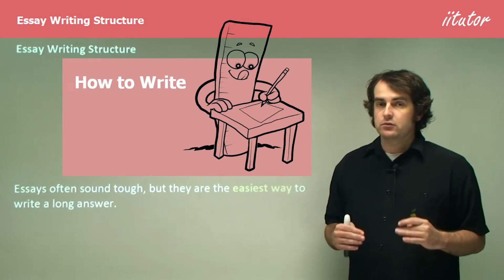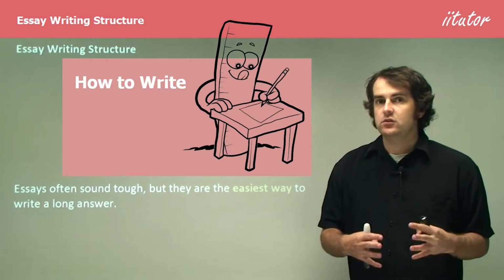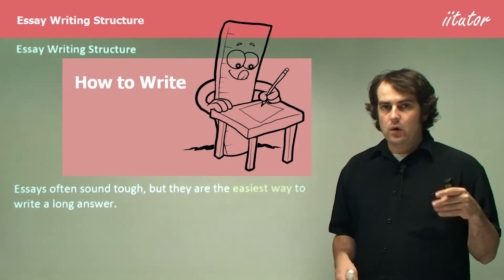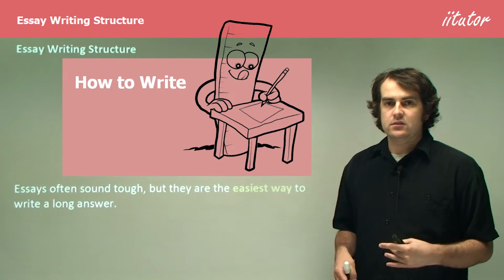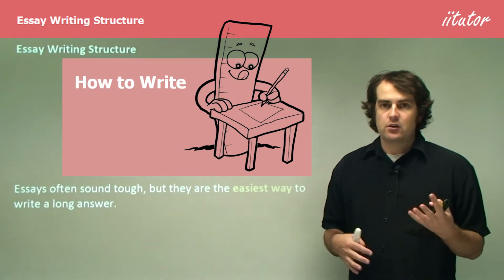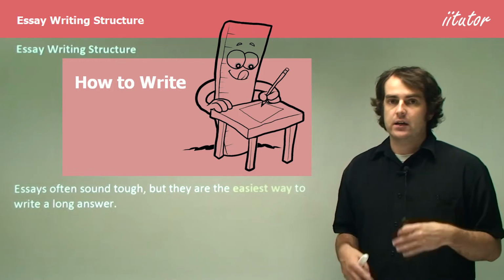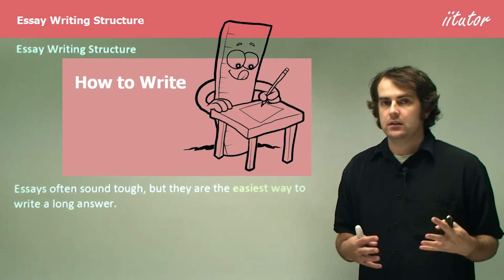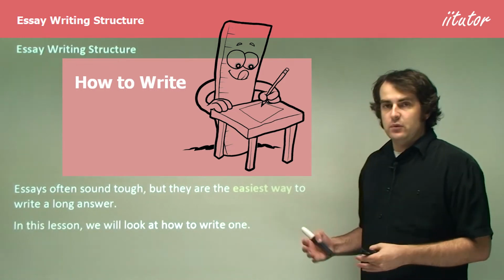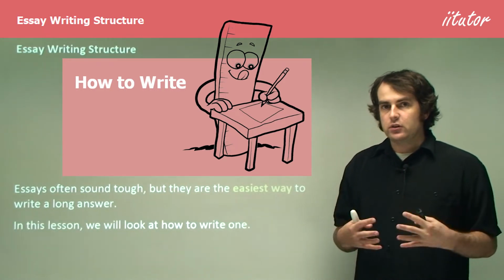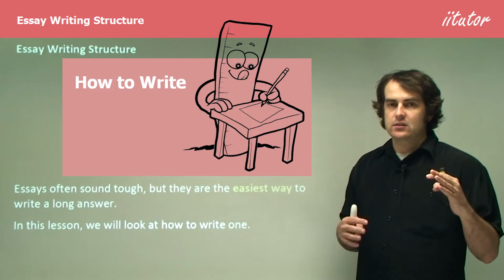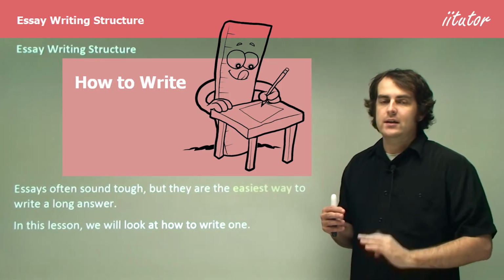It's a little bit difficult to remember at first, but once you've done it a few times, it's really, really easy. It's a way that you can set out all your ideas without going over yourself again or doing something that is going to make what you write confusing or hard to understand. Okay, so it's about making it really easy to understand. In this lesson, we're just going to look at how to write one first. So we're going to look at just the layout, the set out, so how you start from the beginning all the way to the end.